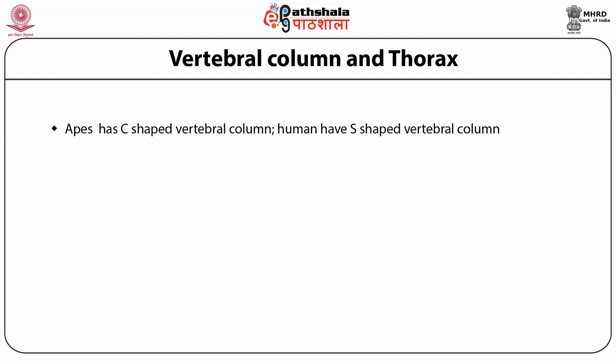But in humans, it is S-shaped, by adding two secondary and opposing curves in the cervical and lumbar regions to the C-shaped curve of apes. The S-shaped vertebral column brings the center of gravity just below the body, between the two feet.